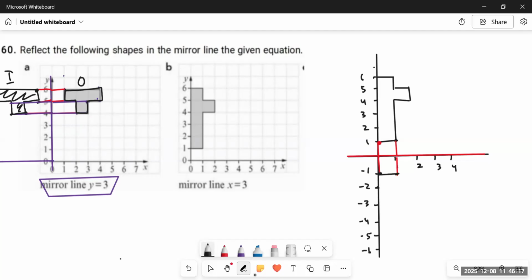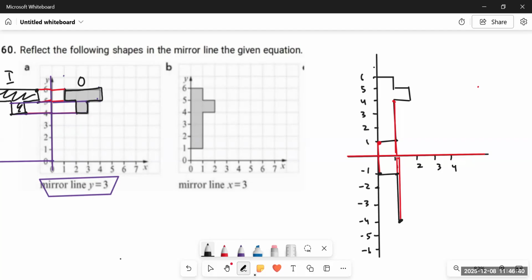Then how many squares here? From this vertex, it's 1, 2, 3, 4. 4 squares. So we'll go up 4 squares. 1, 2, 3, 4 squares here. Right. This is the next point. Let us join it.